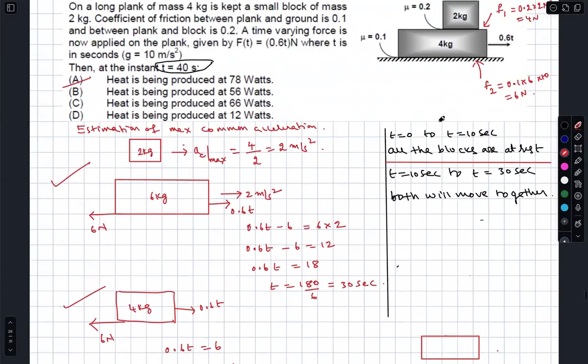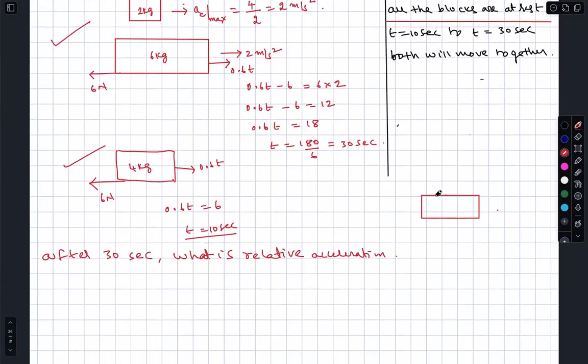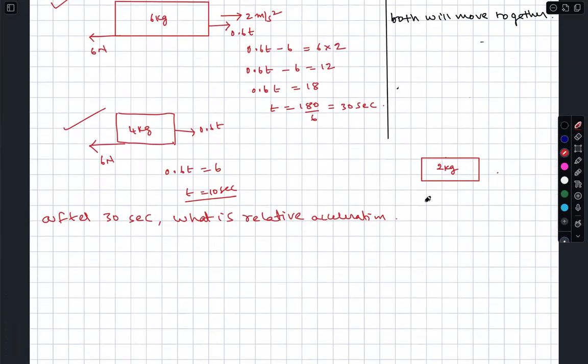What is the above one? 2 kg block. And this is 4 kg block. So I will do the problem in the reference frame of the 4 kg block, so that I'll get the relative acceleration on the 2 kg block.